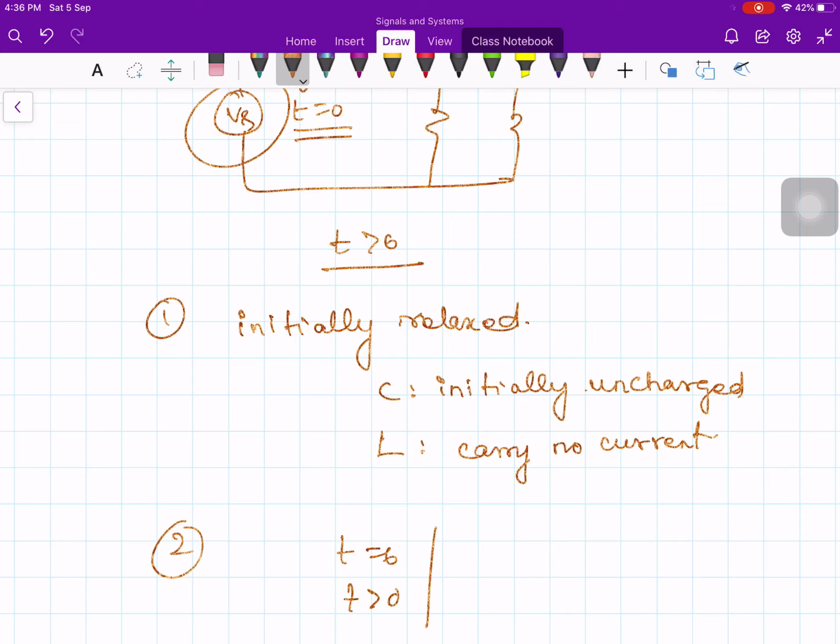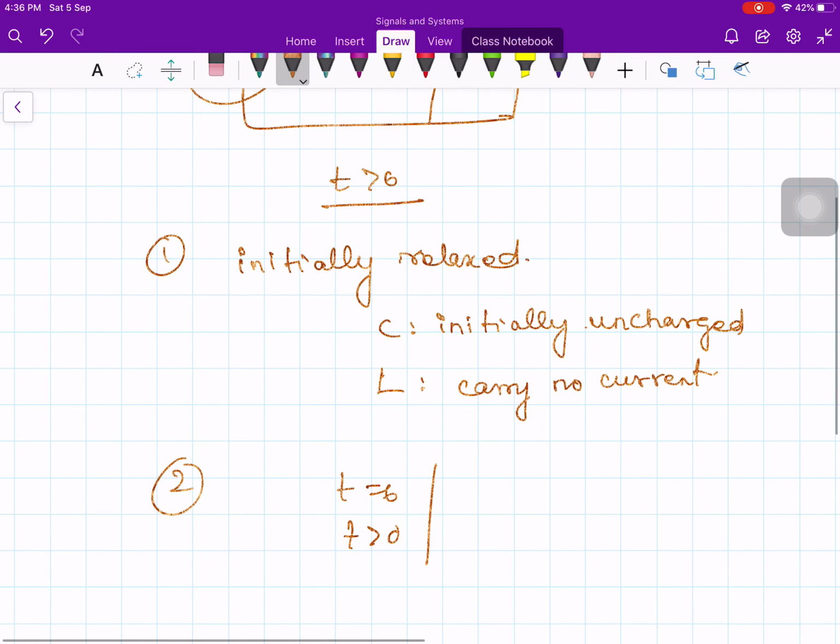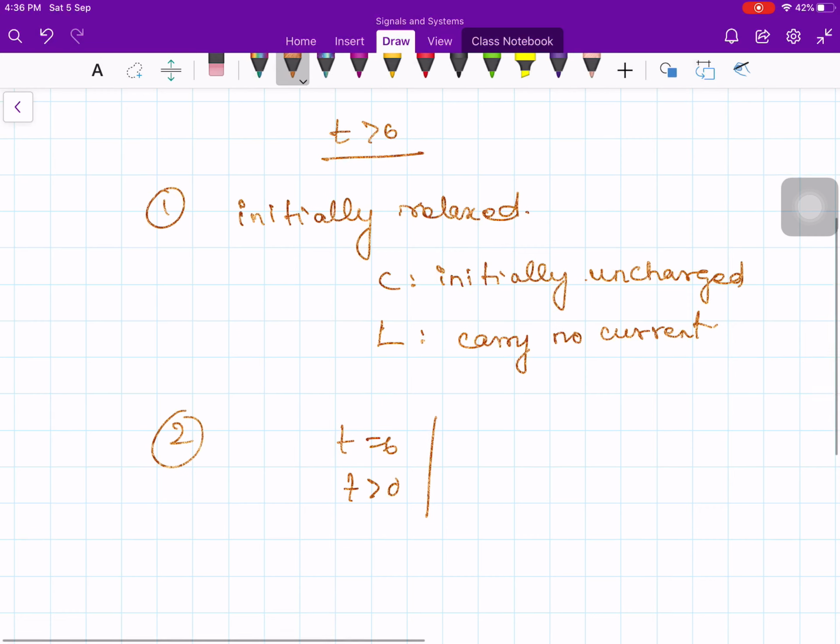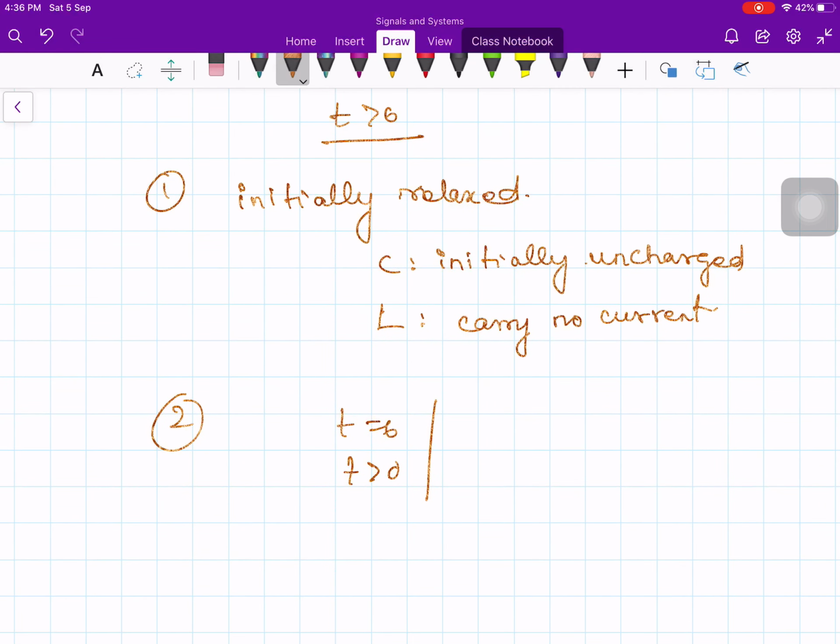This is common to most networks that we deal with, particularly dissipating networks, because when you find the complementary solution, you will have e to the minus alpha t. When t becomes large, this part goes to 0. And this exponent part does not seriously disturb the generality of the situation.